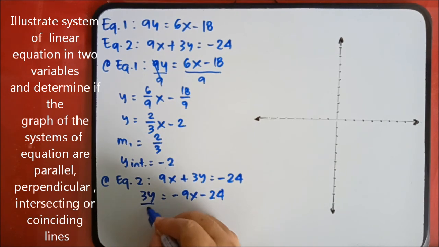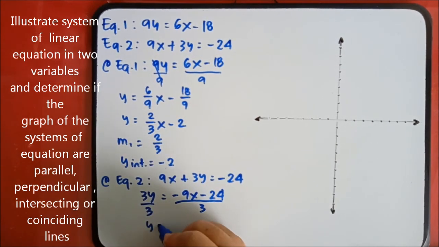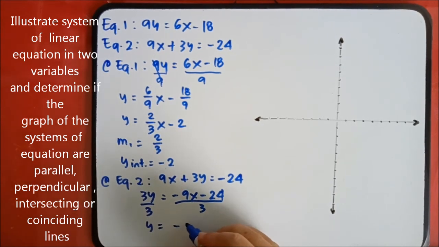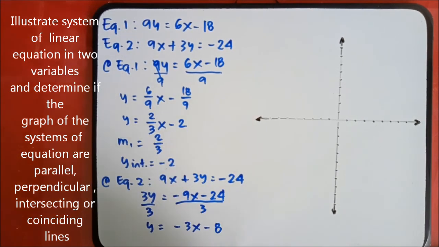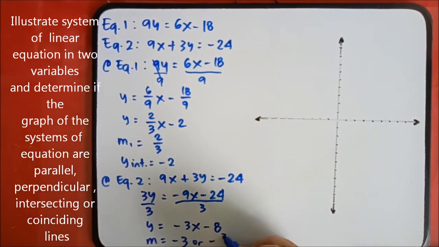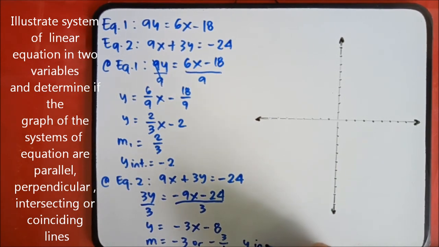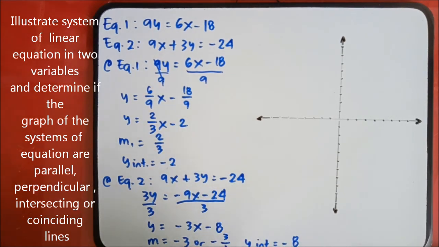Now, divide both sides by 3. y will become -3x minus 24 divided by 3, 8. So your slope is -3 or -3/1, and your y-intercept is -8. Okay, we will plot this.